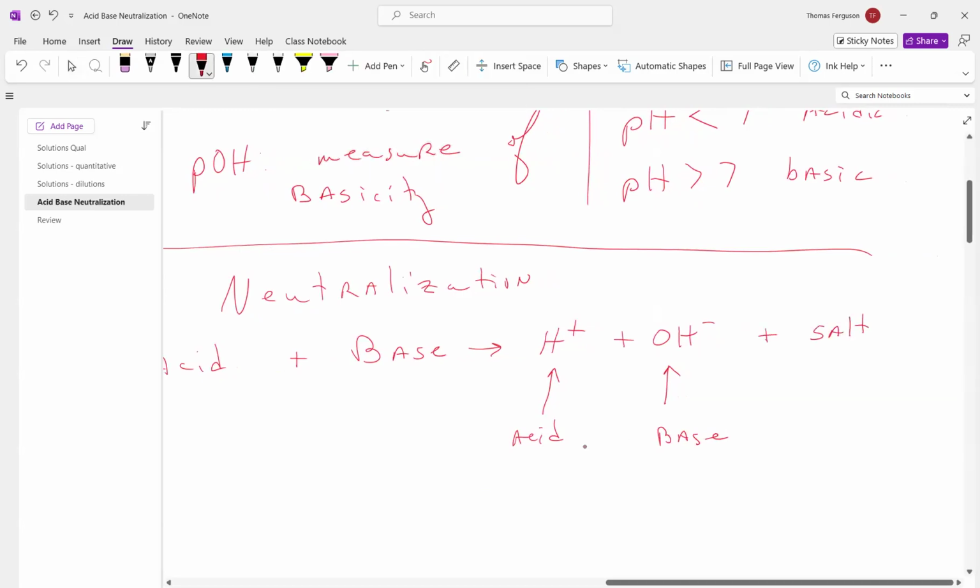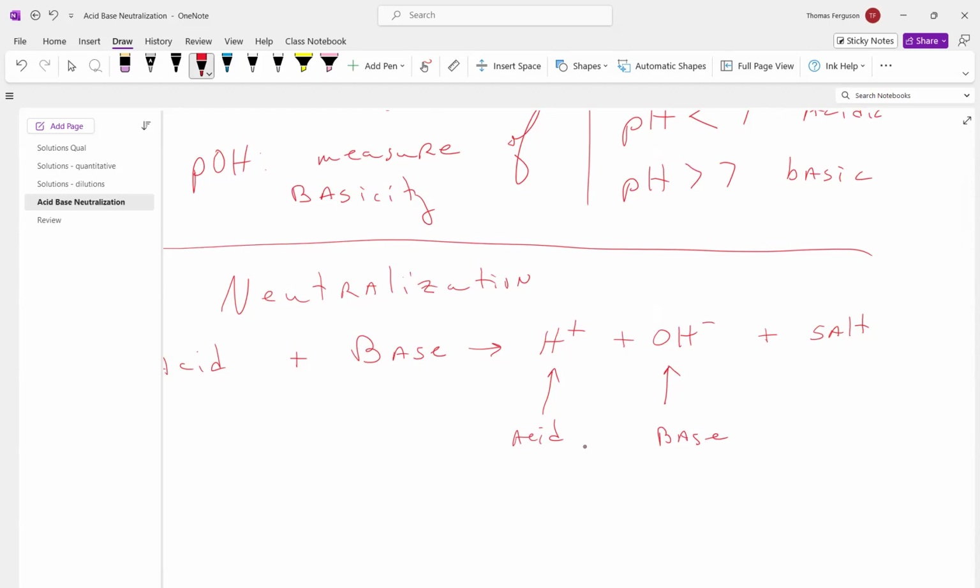What does H plus OH equal? Water. So when you have a neutralization reaction, you make water plus whatever's left over. Whatever is left over after you take out the H and the OH is the salt.